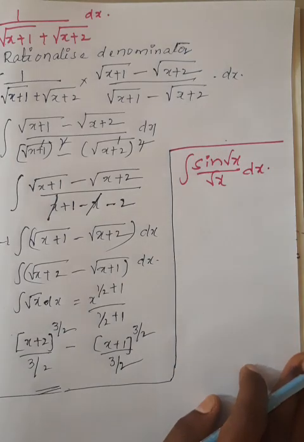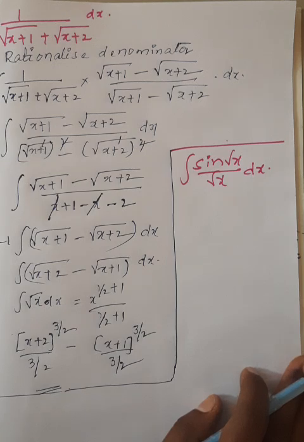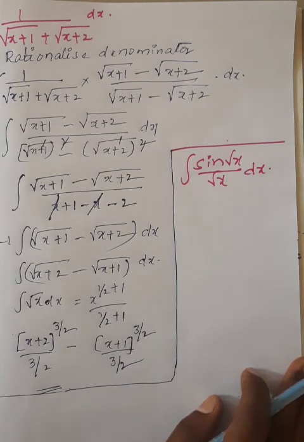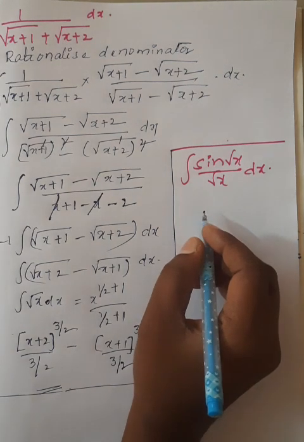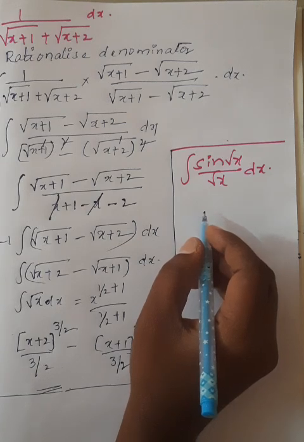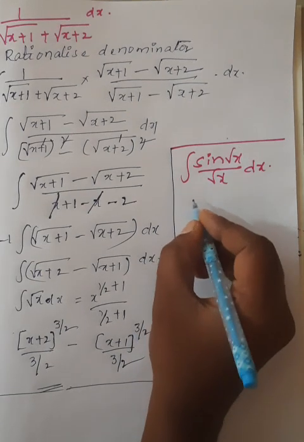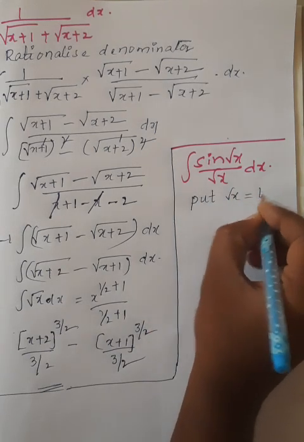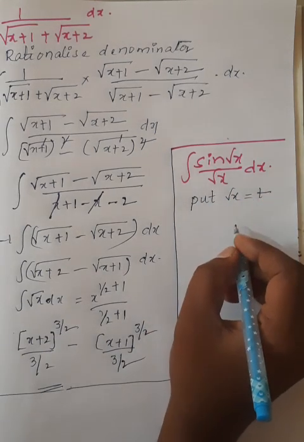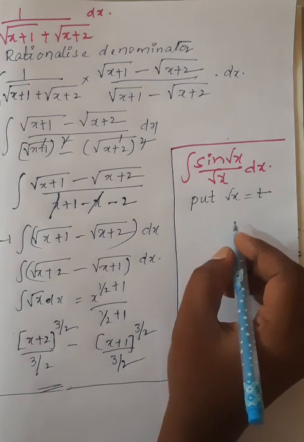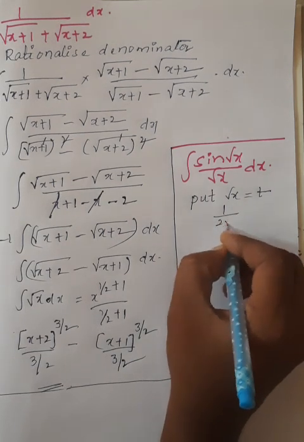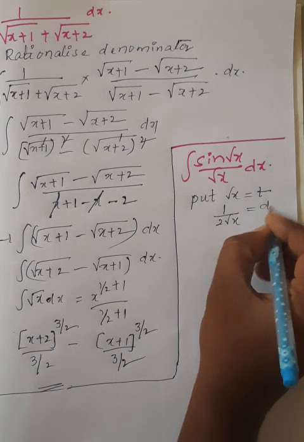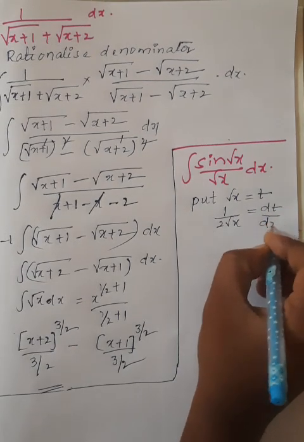Now our next question is integration of sin root x by root x into dx. So here we have to consider root x as t. So put root x equal to t. Now we have to differentiate both sides. The differentiation of root x is 1 by 2 root x, equal to dt by dx.